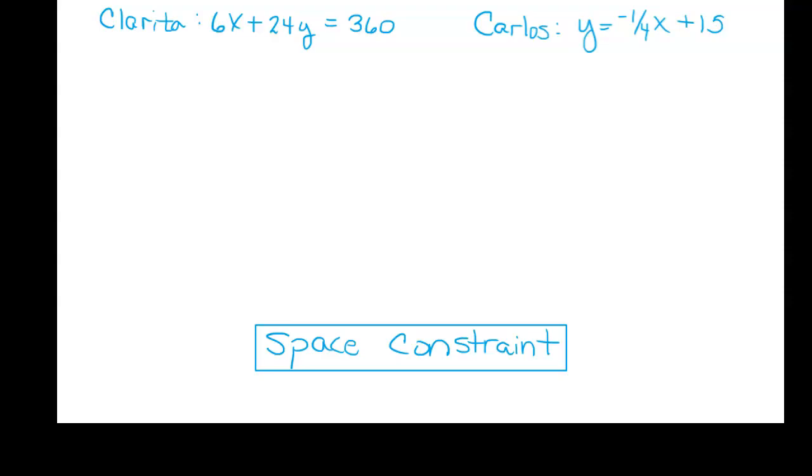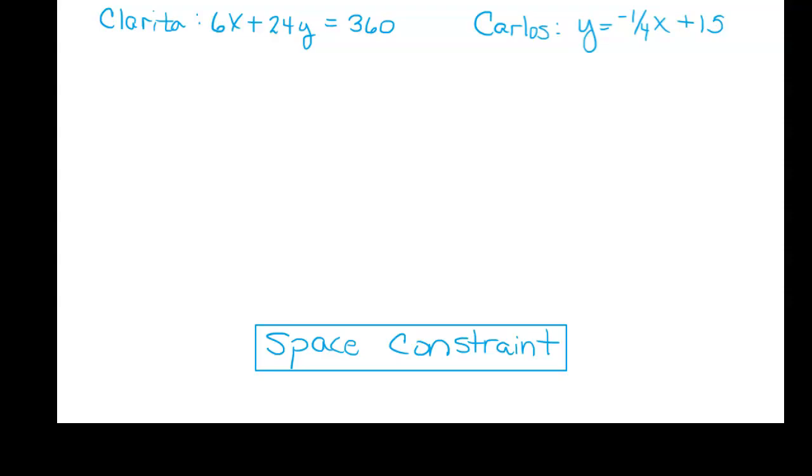That line separates all of the points or combinations, in this case of cats and dogs, that meet the constraint or satisfy the constraint, and those that don't.